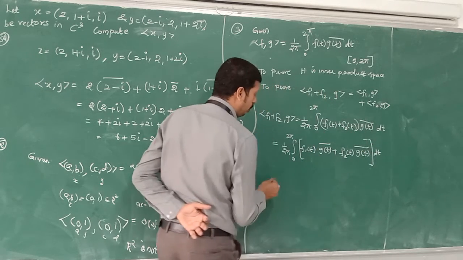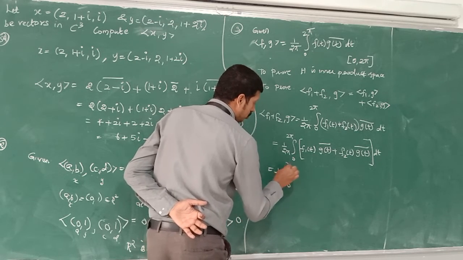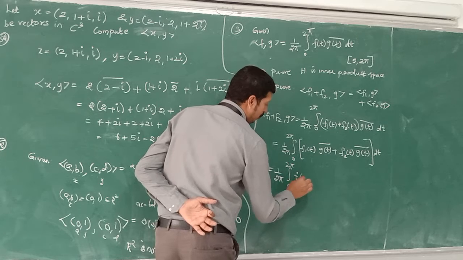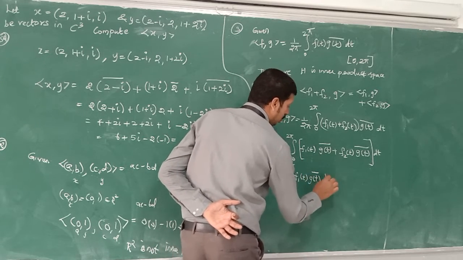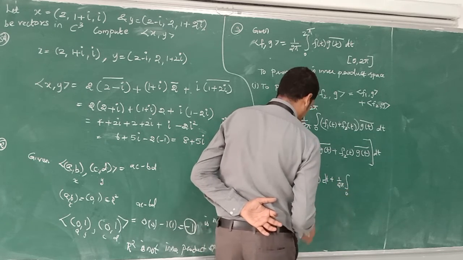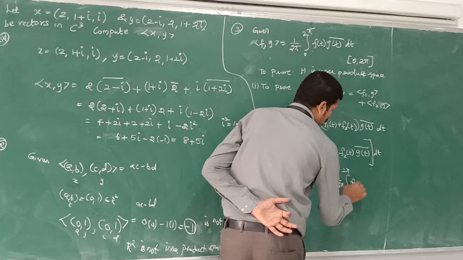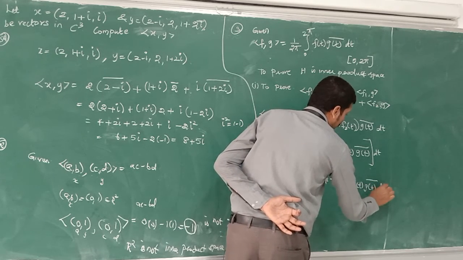So we have to write separately: 1 by 2 pi integral 0 to 2 pi f1(t) g(t) the whole bar into dt plus 1 by 2 pi integral 0 to 2 pi f2(t) g(t) whole bar into dt.